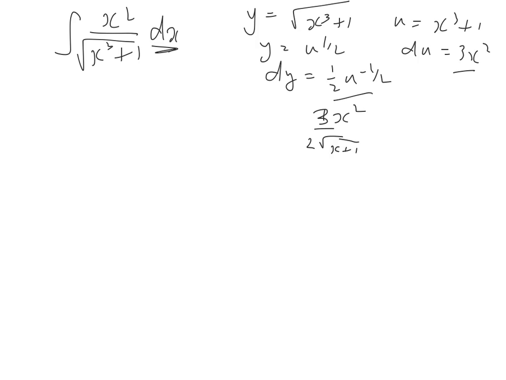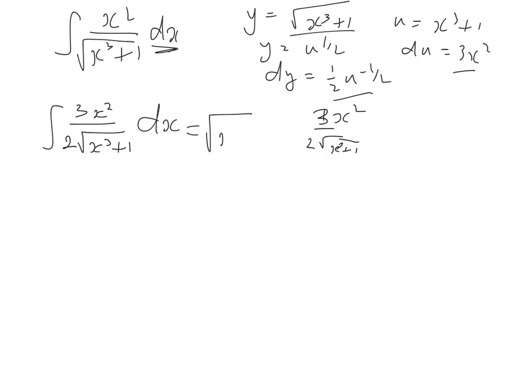So I'm going to write 3x squared over 2 times the square root of x cubed plus 1, with respect to dx, and that will equal the square root of x cubed plus 1.